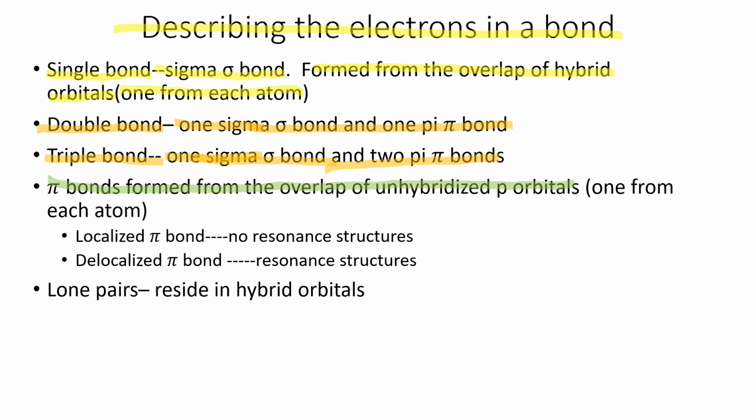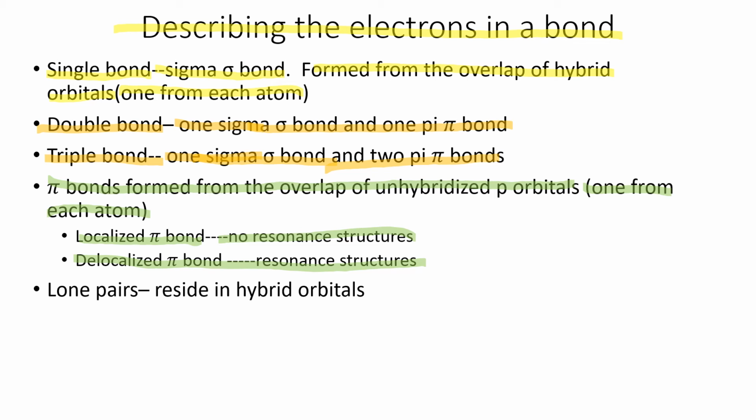Those unhybridized p orbitals can be used to form these pi bonds, still one from each atom. And we just saw that pi bonds can be localized or delocalized based upon whether there are resonance structures. In a localized pi bond, there are no resonance structures. In a delocalized pi bond, we would have resonance structures.